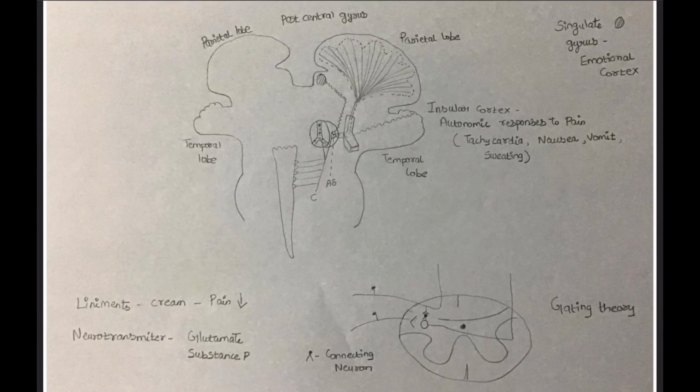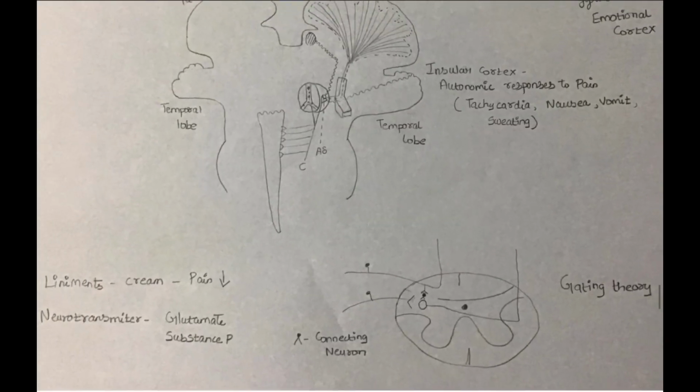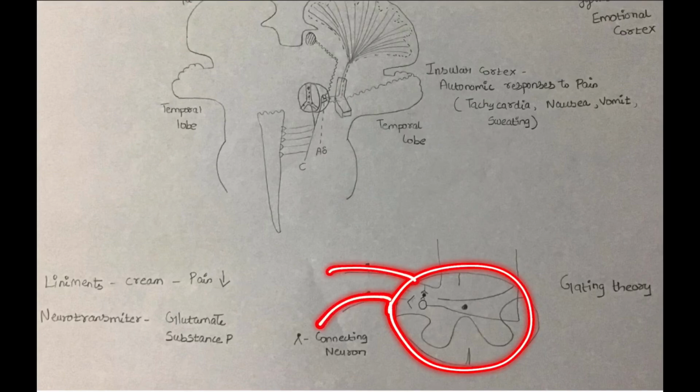So now what will you do for the pain? You will massage the area of the pain, or you will apply any cream or spray in the painful area, and when you massage, eventually the pain will decrease. This is because we discussed earlier that in the spinal cord, in the dorsal root, your pain fibers enter.